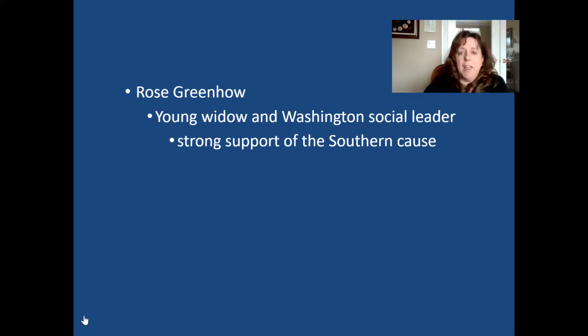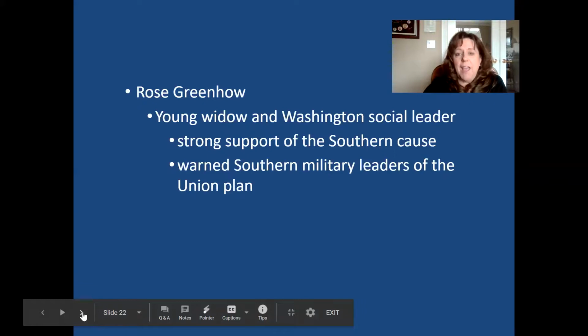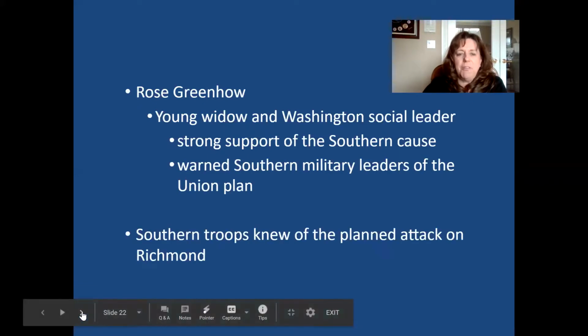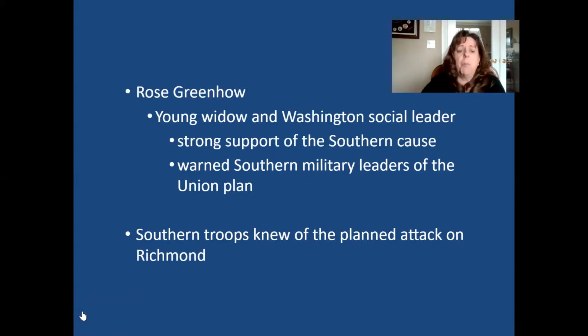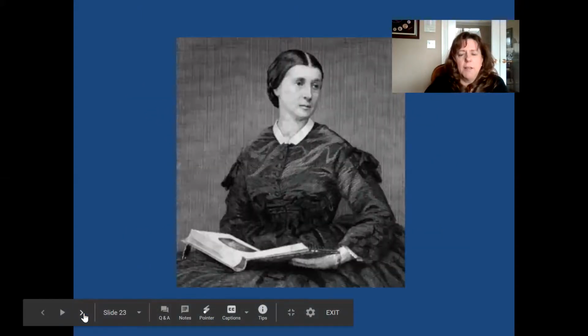Because she knew it, she was basically a spy, and she warned the Southern leaders about this plan. When she was able to warn them, they knew about the planned attack, and they could prepare for it. That's a picture of her.